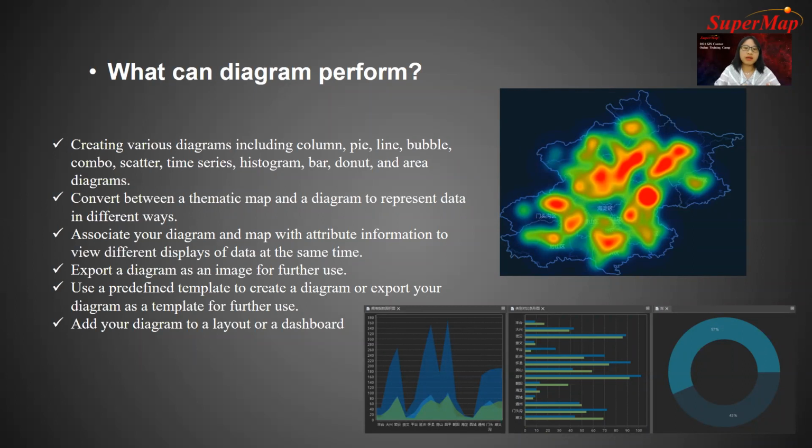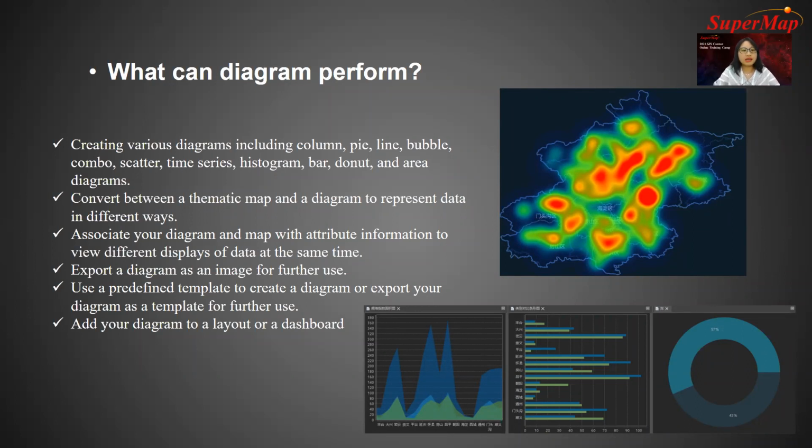SuperMap Desktop also supports this way to statistic your data. What's more, we can also provide the method to convert between a thematic map and a diagram to represent the data in different ways. And also in SuperMap Desktop, you can associate your diagram and map with attribute information to view different displays of data at the same time.